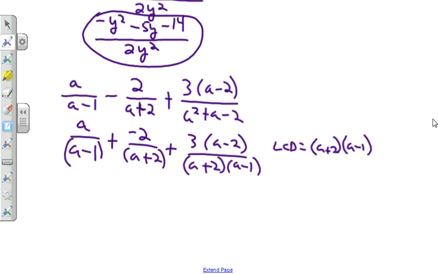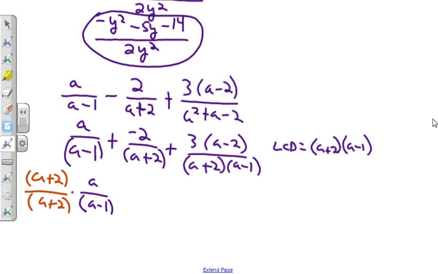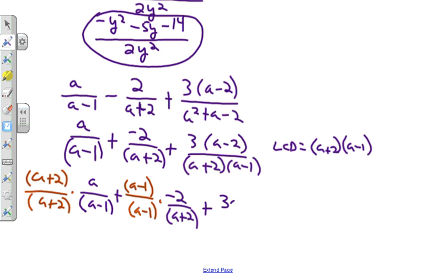And then that means for this fraction, I've got to bring in an a plus 2, and for this fraction, I've got to bring in an a minus 1. And I don't need to do anything to that last fraction because it already has the common denominator, so I need to distribute in the numerator.